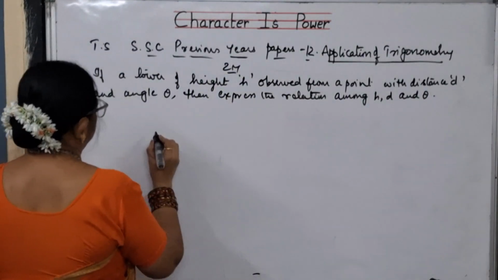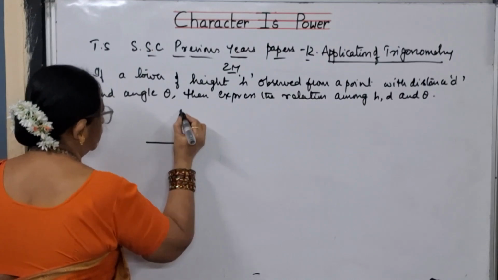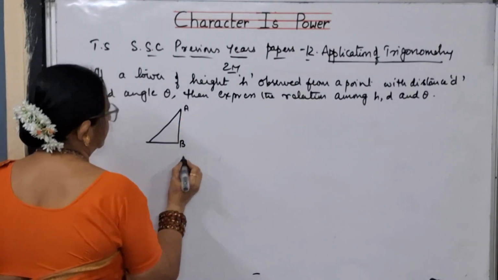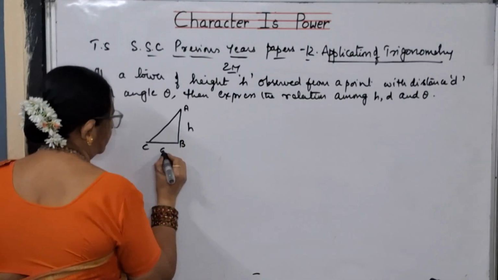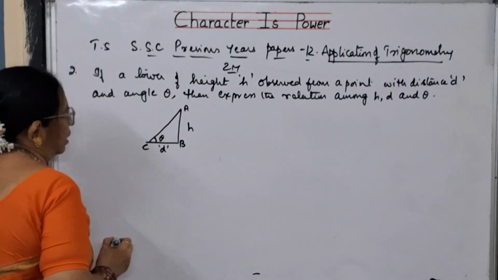So there is a tower. Let me consider AB as the tower of height h. BC is the distance d, and it is making an angle theta.